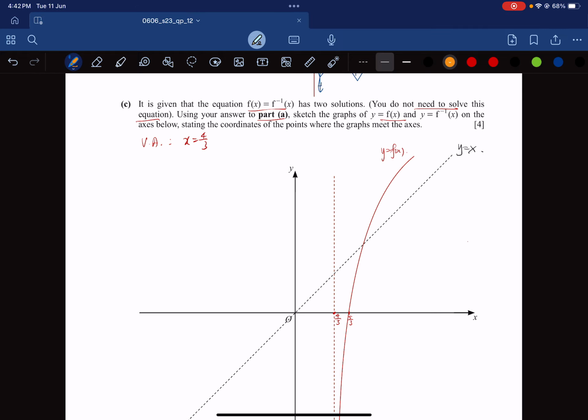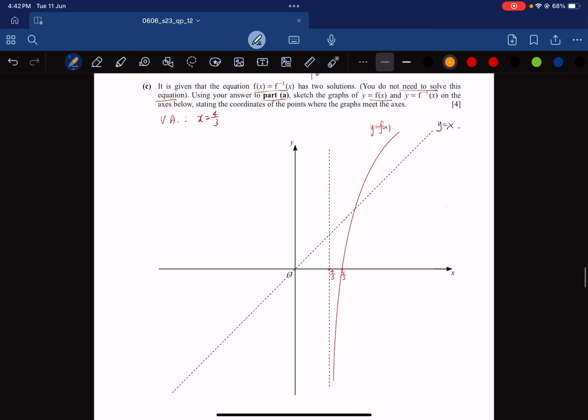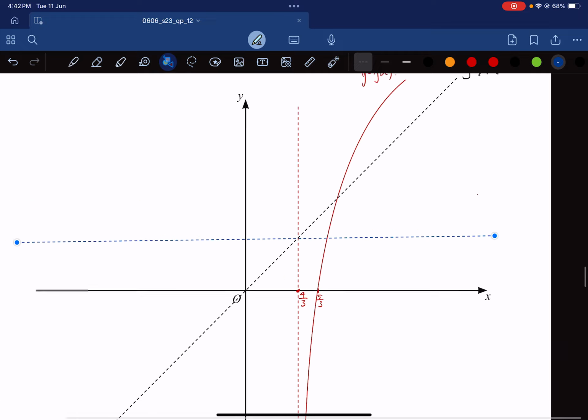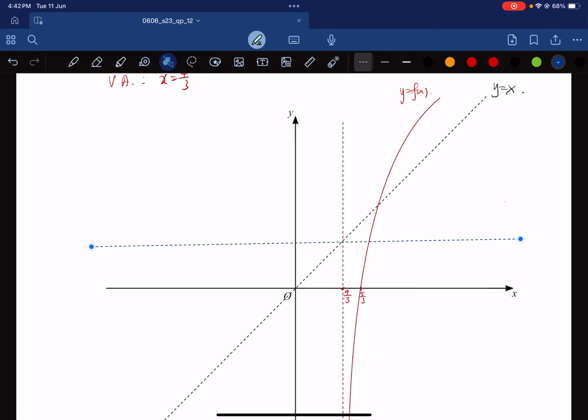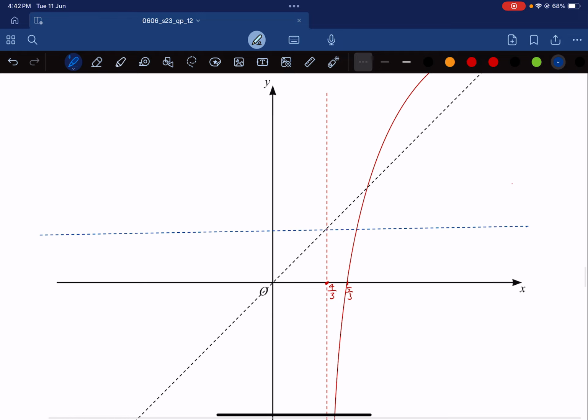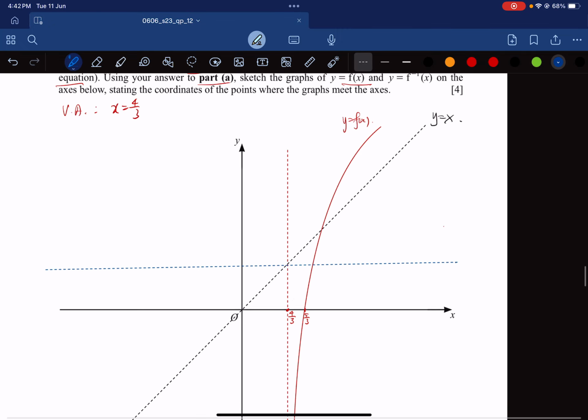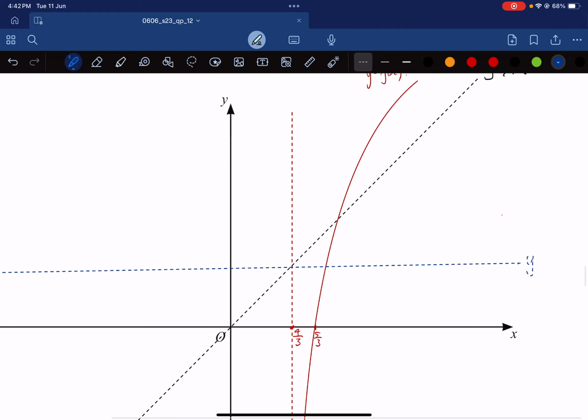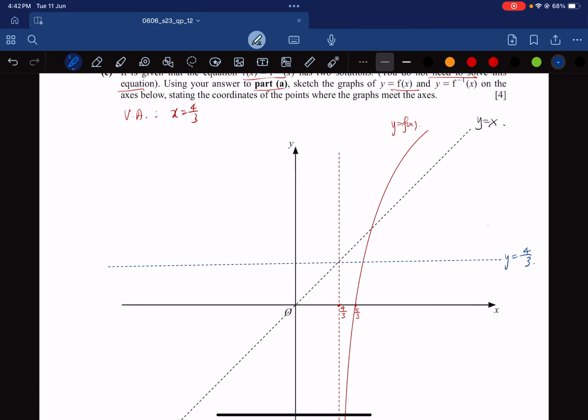Okay, so after reflection in this line, the vertical asymptote becomes a horizontal asymptote. And the vertical asymptote and horizontal asymptote should intersect on y equals x, right? So this would be y equals 4/3, and then the graph would be like this, reflections.